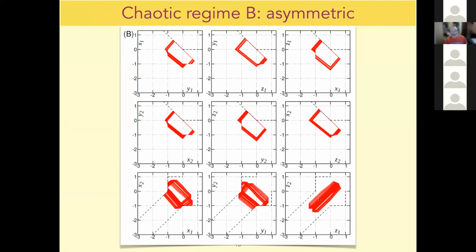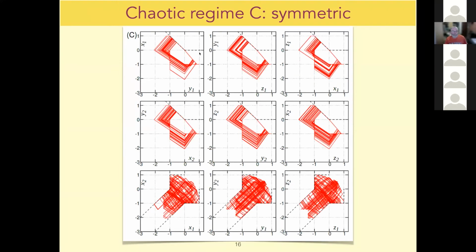And here is the most interesting, symmetric regime of chaos. These are pieces of trajectory, and you see there is quite a symmetry both to permutations and to exchange of X1 and X2.